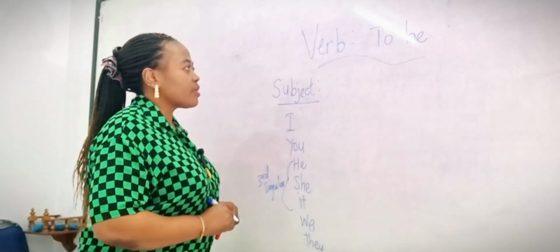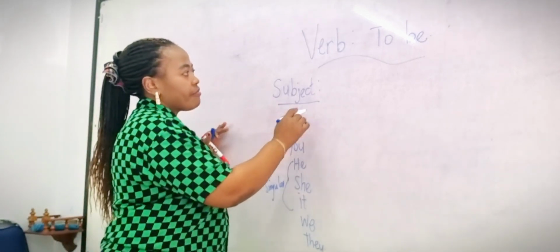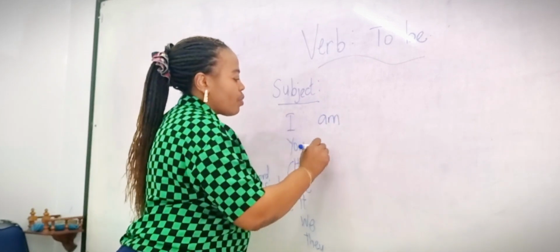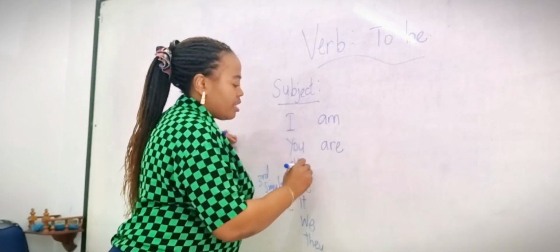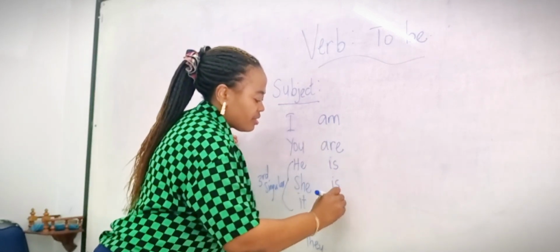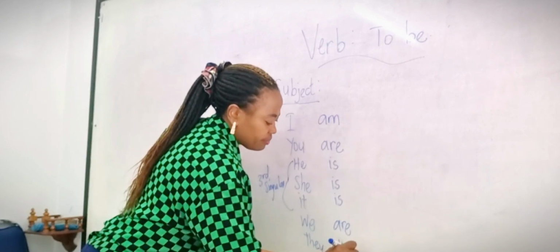It's very important when you're talking about the verb to be, because here, to be becomes I am, you are, he is, she is, it is, we are, and they are.